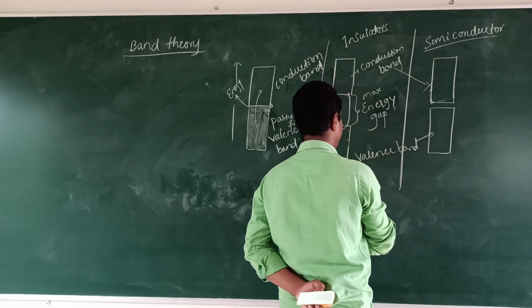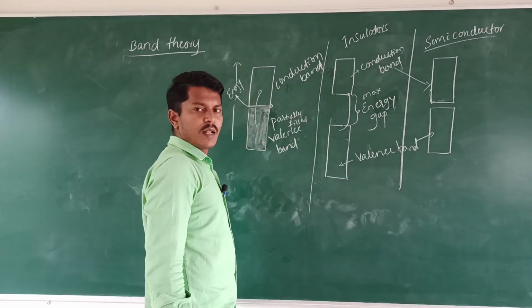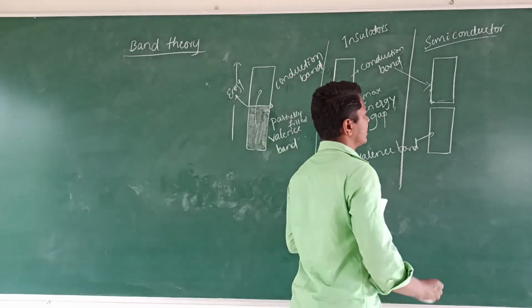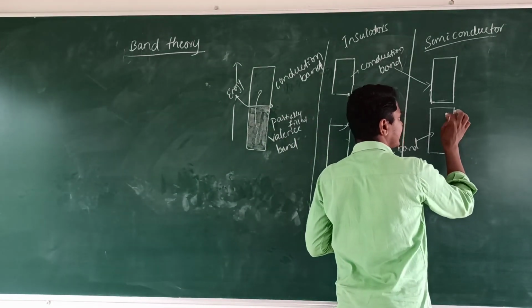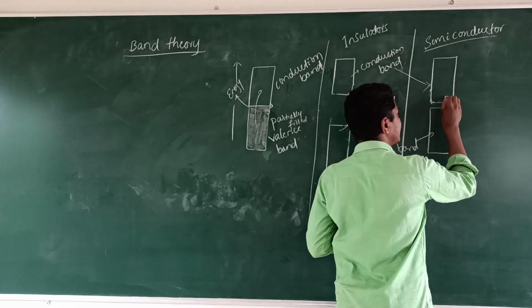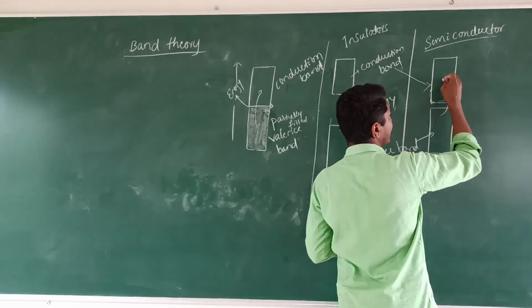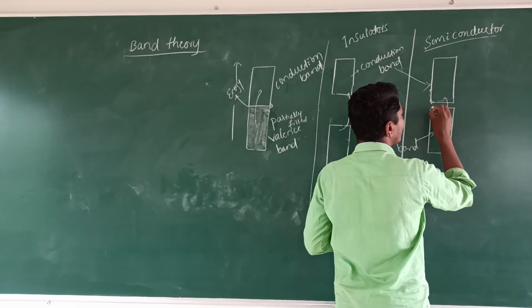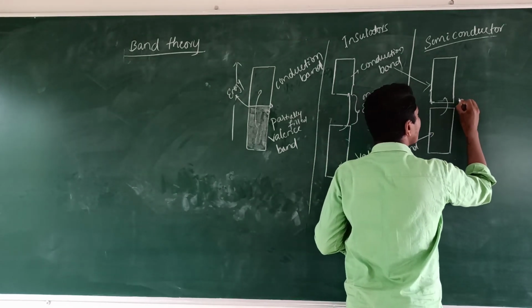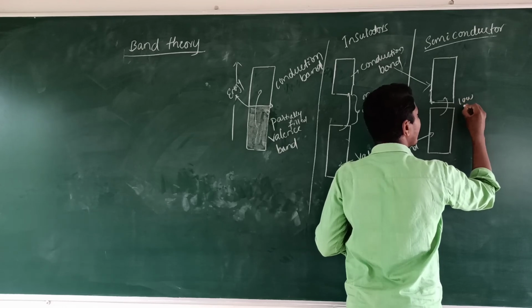What happens? Electrons in the valence band easily jump from the valence band to the conduction band because of the low energy gap.